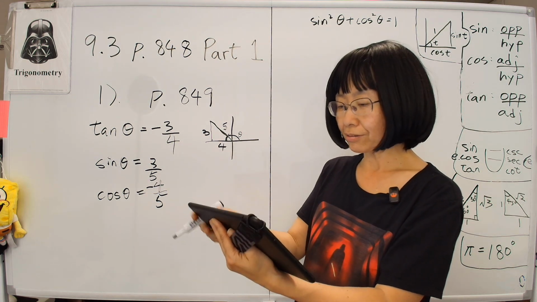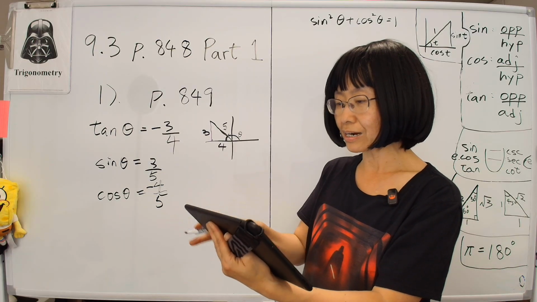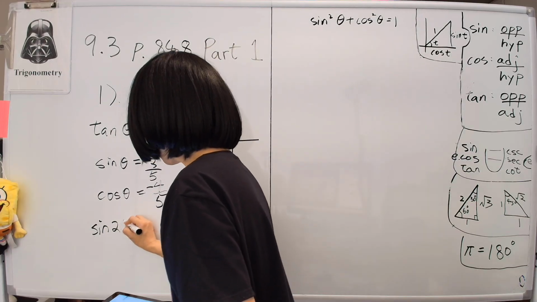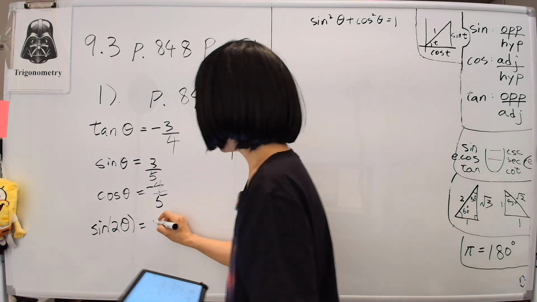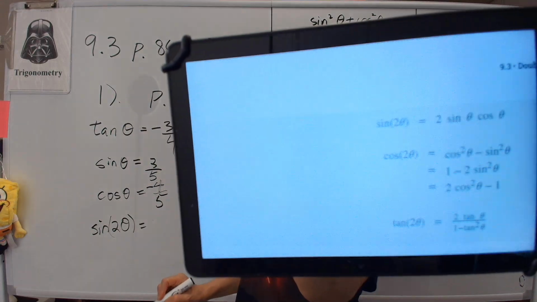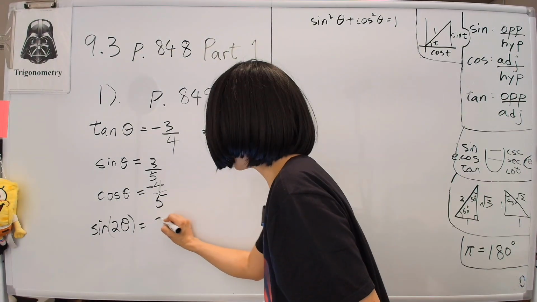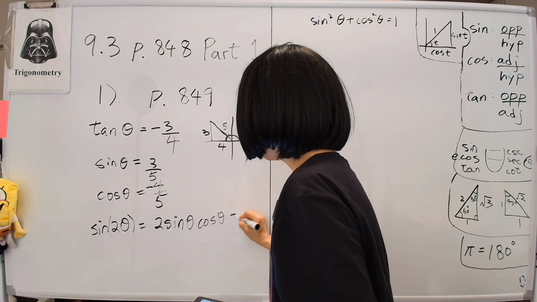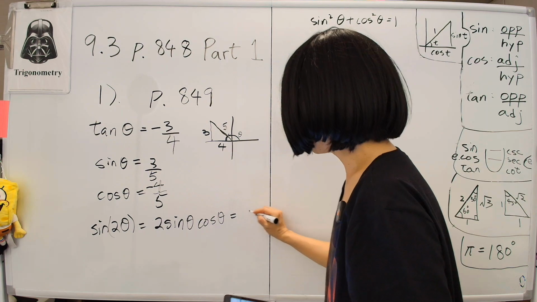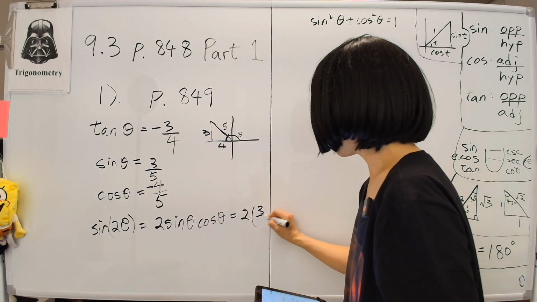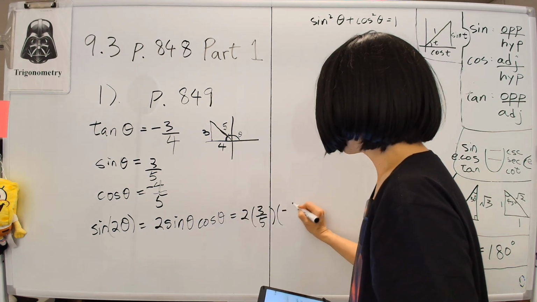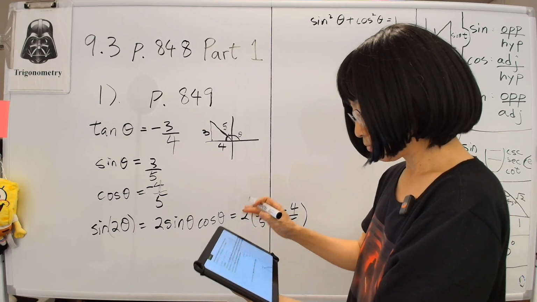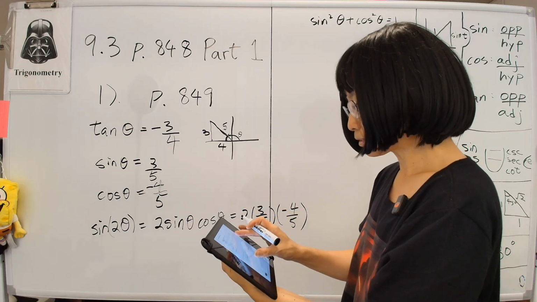And with that, we can calculate what we need. First thing we want to figure out is sine 2 theta. So this is part A: sine of 2 theta equals, according to the formula right here on top of the page, 2 sine theta cosine theta, which is equal to 2 times 3 fifths times minus 4 fifths, and that equals, let's see what the book says on the next page.